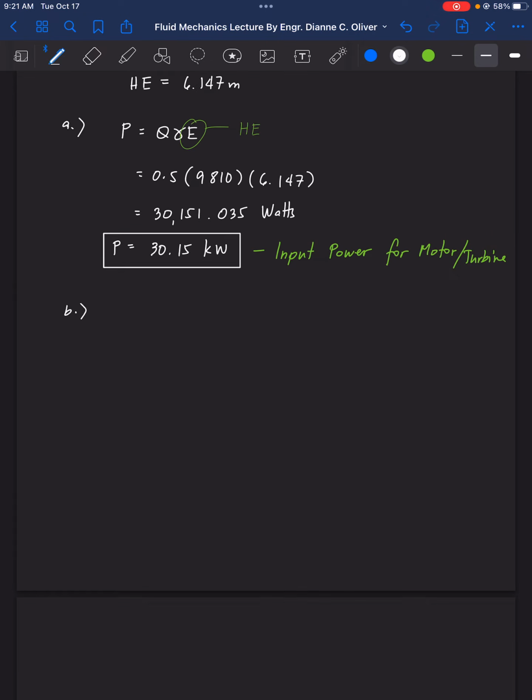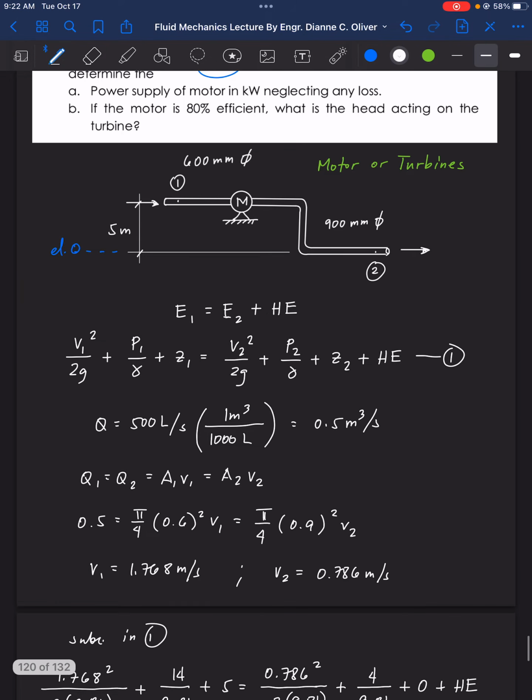For letter B, we have the formula efficiency is equal to the power output divided by the power input. And this is the formula for efficiency.